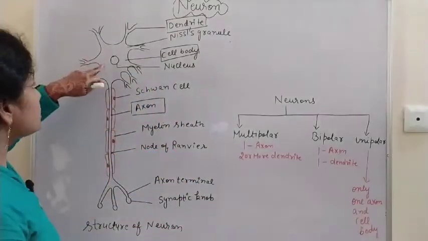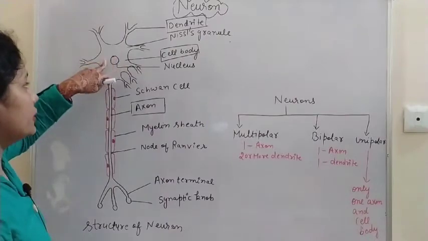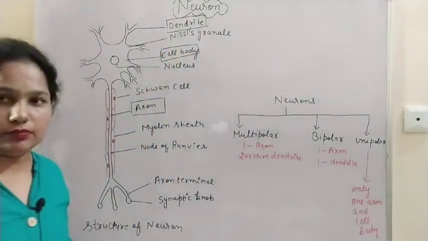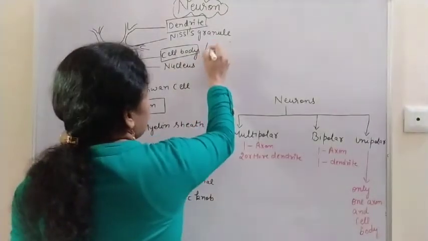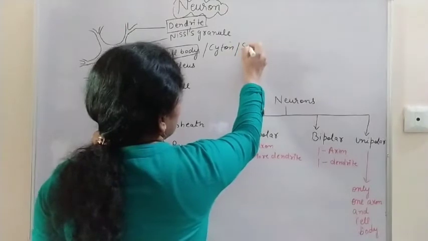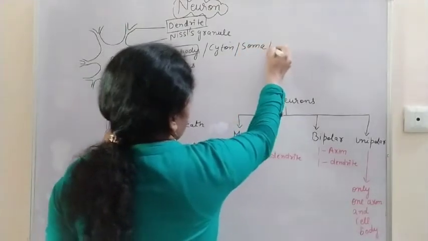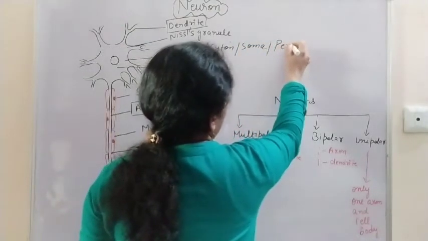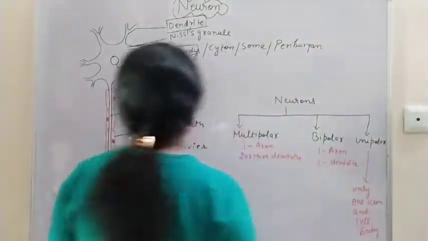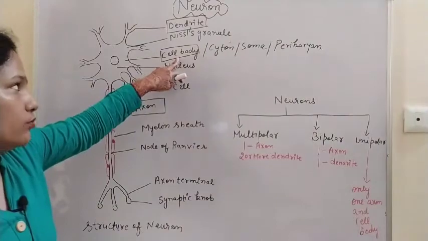So this cell body is like a typical animal cell. It is also known as cyton, or soma, or perikaryon. These are the other names of the cell body.